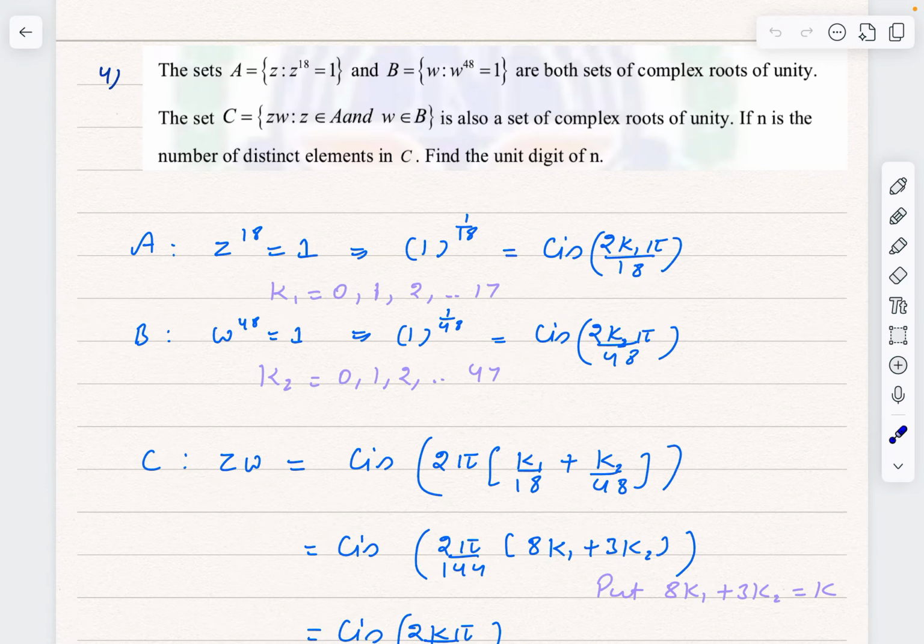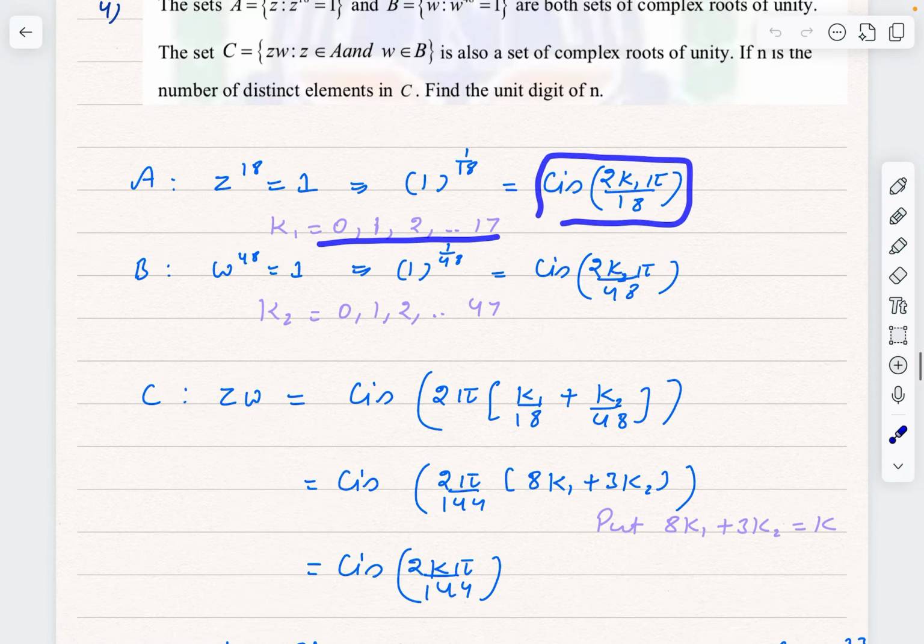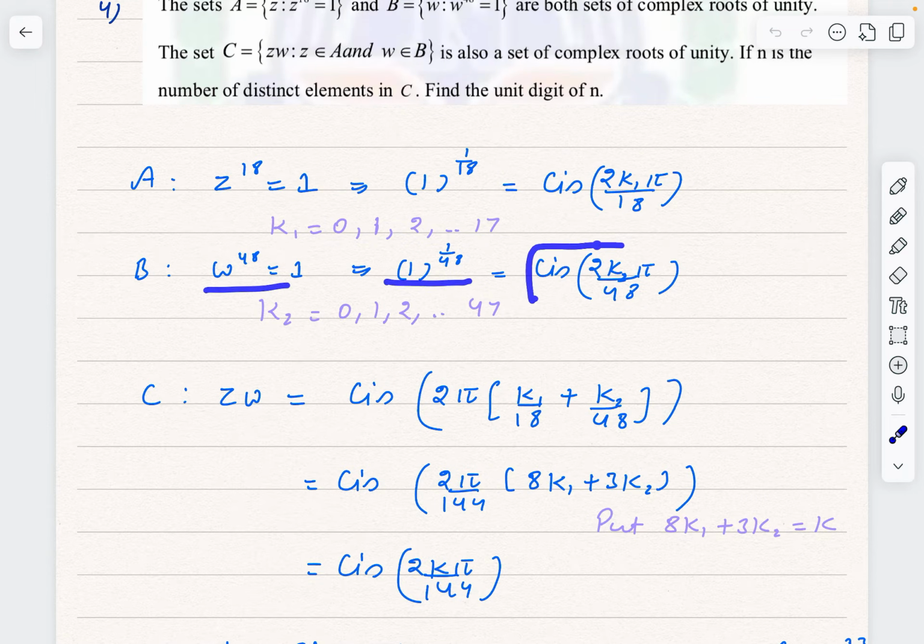See, A, like we discussed, is the 18th root of unity. So cis 2 k1 pi by 18, where k1 is 0 to 17. B is the 48th root of unity. So cis 2 k2 pi by 48, where k2 is 0 to 47. When you multiply these two, you get Z into W will be cis 2 pi times k1 by 18 plus k2 by 48.